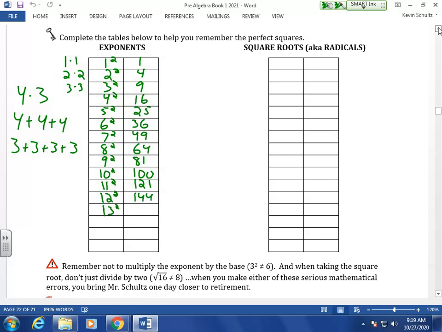So 13 squared. It's the highway that runs right by St. Vincent. A lot of you probably drive it in the morning, afternoon. 169. 14 squared, 196. 15 squared, 225.